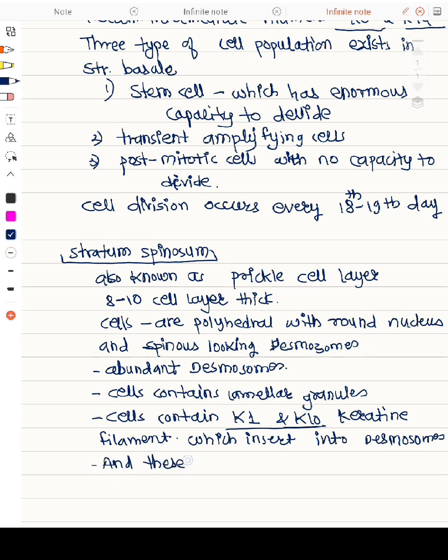These keratins are known as the differentiation-specific or keratinization-specific keratins.